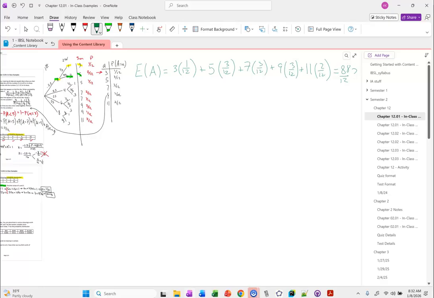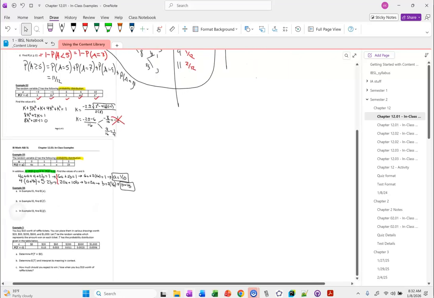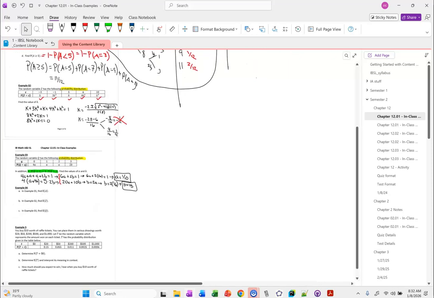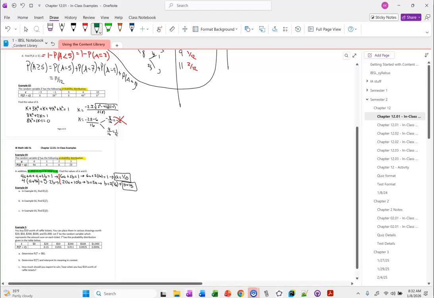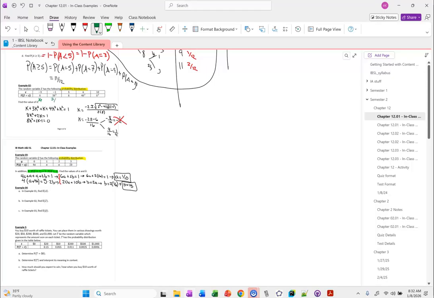All right. It wants us then to find E of Z. So we have to go through and compute these probabilities. We're told K is 1/4. So I went and computed those probabilities.